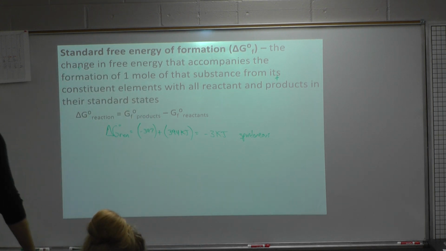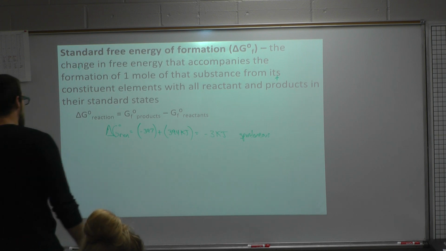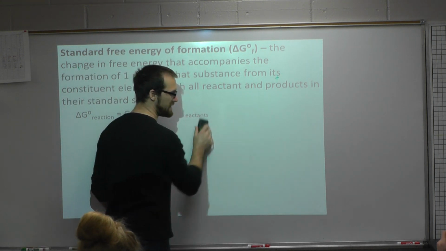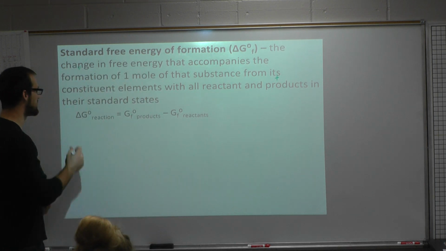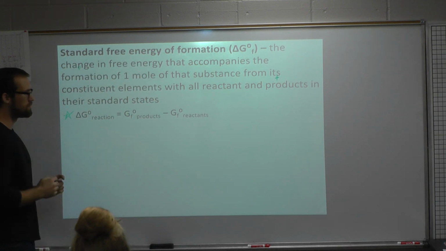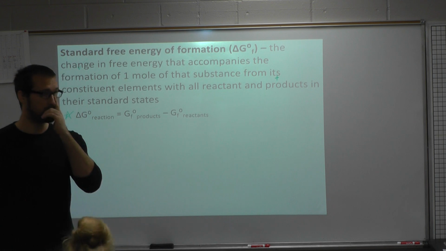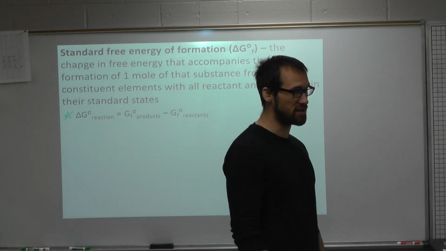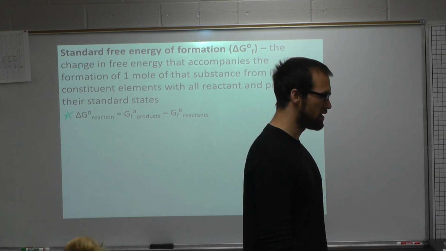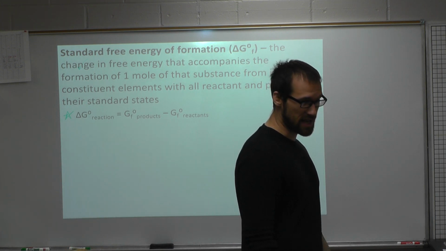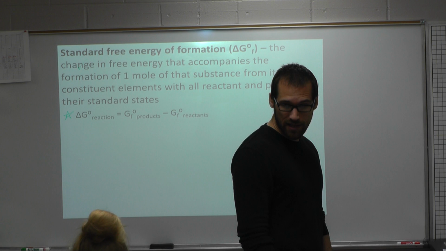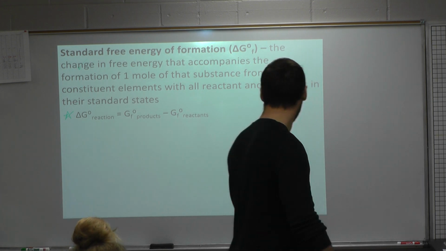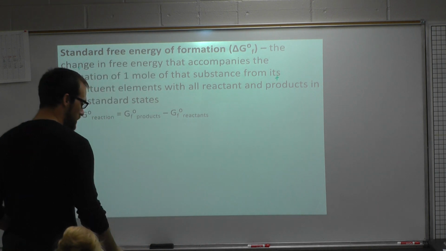So, since it is a state function, we can also use, probably the easiest of the three ways, this way: products minus reactants. So if I know the Gibbs free energy of the reactants, and I know the Gibbs free energy of the products, I can just solve like I would do change in H and change in S from the data in your appendix. You've got a G column there. This is probably the easiest of the three.